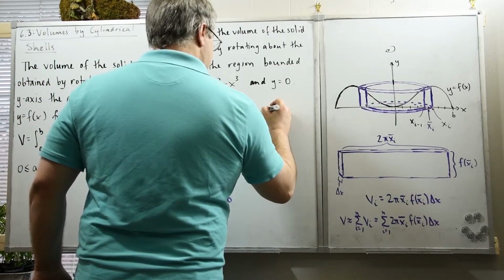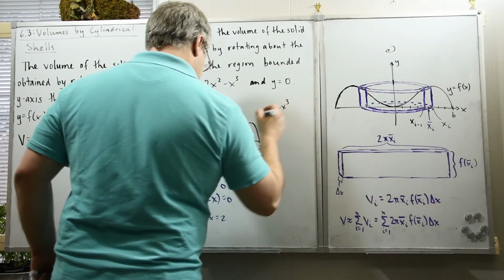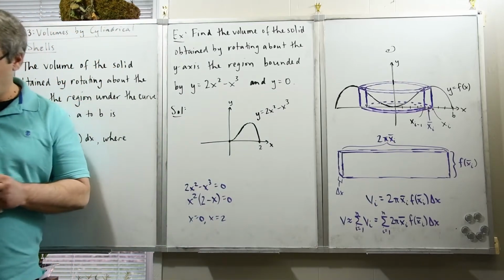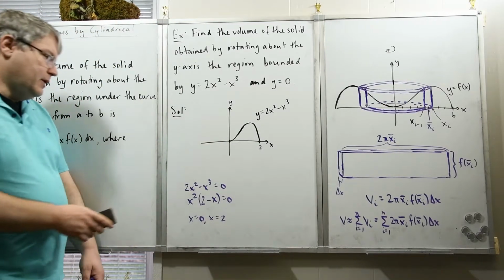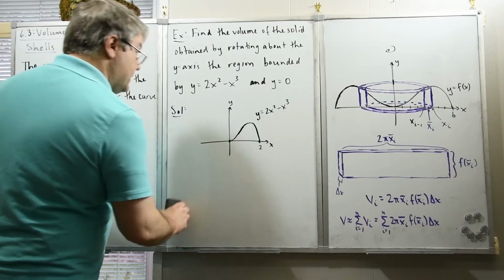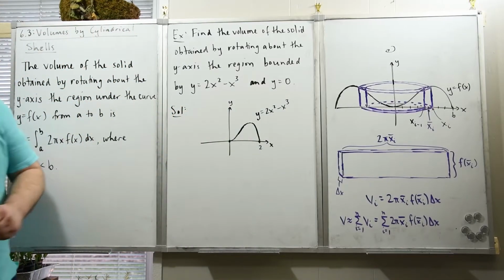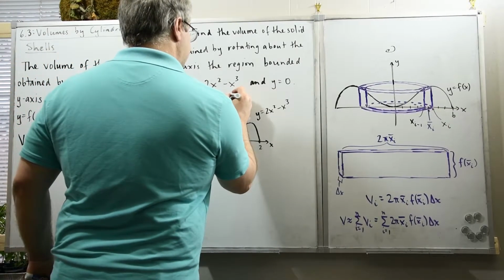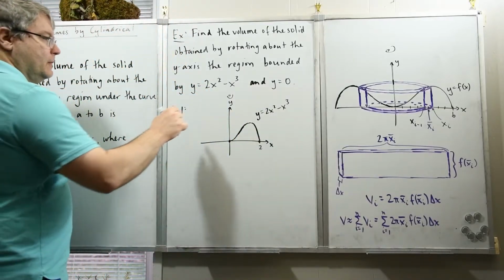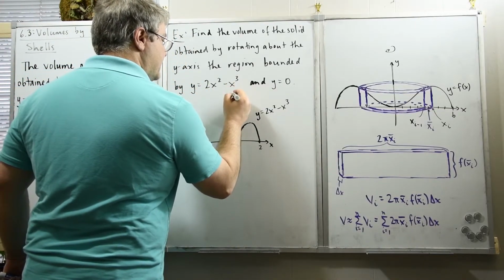We've got our y equals 2x squared minus x cubed, and once again, we're going to revolve this region about the y-axis.